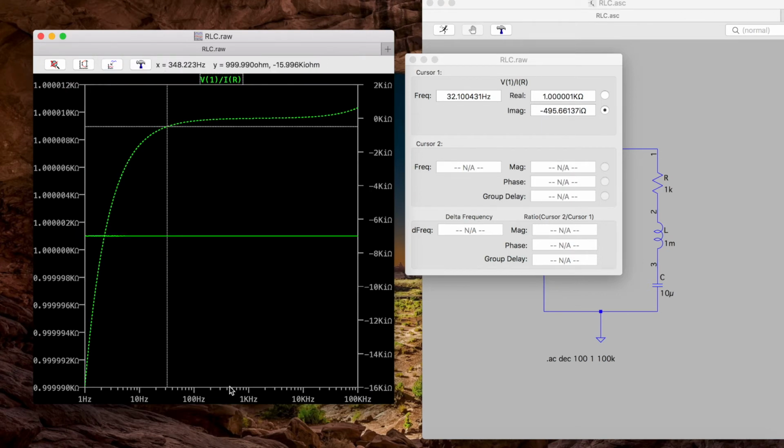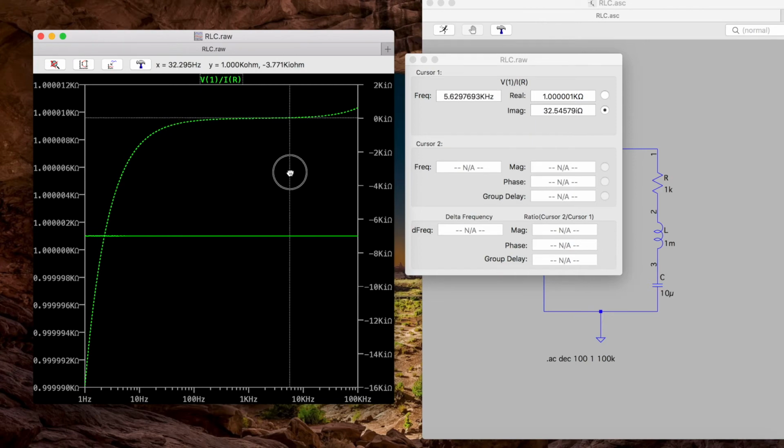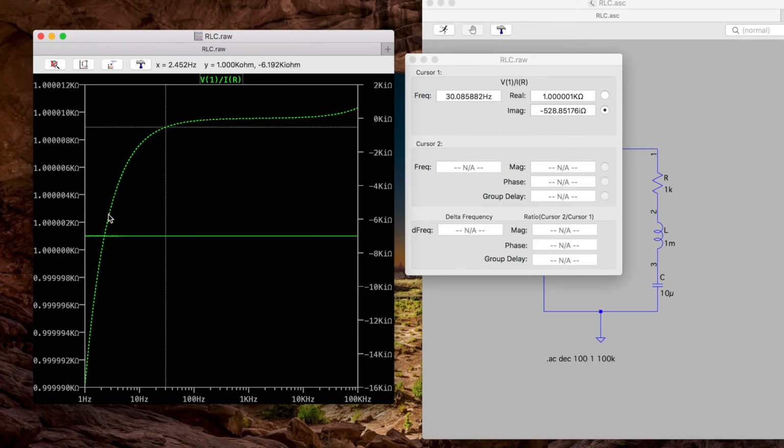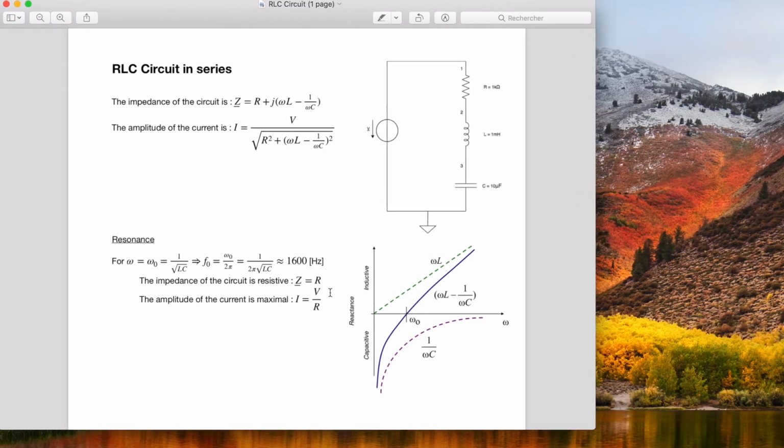So we still have the frequency here, but now on the left axis we have the real part of this expression, and the right axis is the imaginary part of the expression. And this dashed line is the line here of the reactance that we studied before.